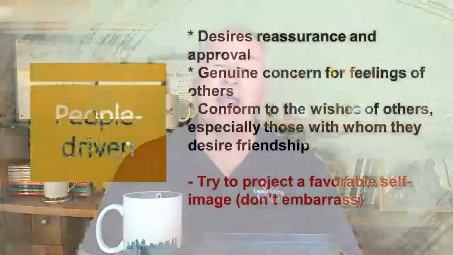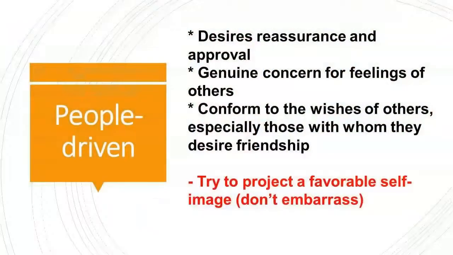They're going to be the people who help you as a leader be more aware of team issues in terms of relationships. Now, the good thing about affiliators is that they will help you glue your team together. They have a desire for reassurance and approval, and they have genuine concerns for the feelings of others. So they want to make sure that people are working well together.